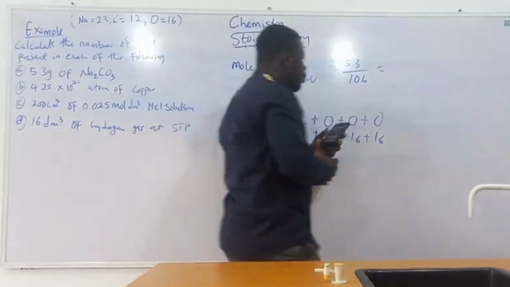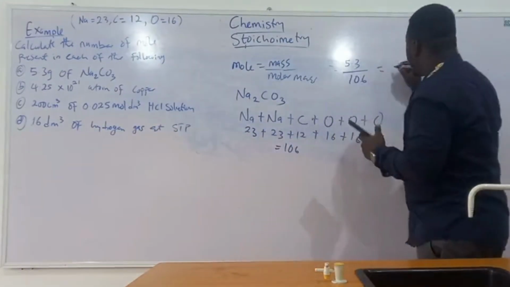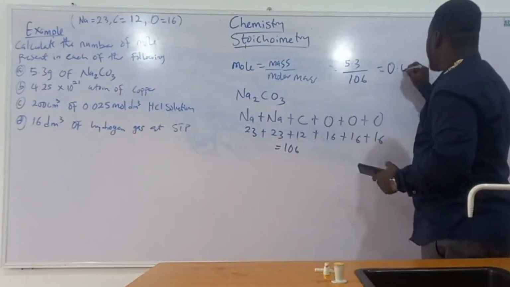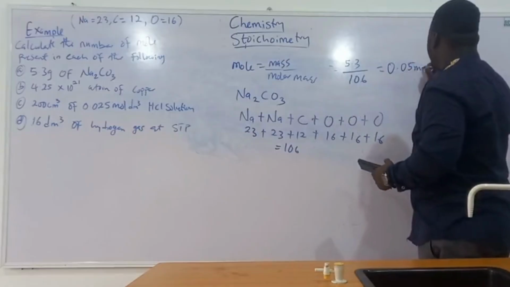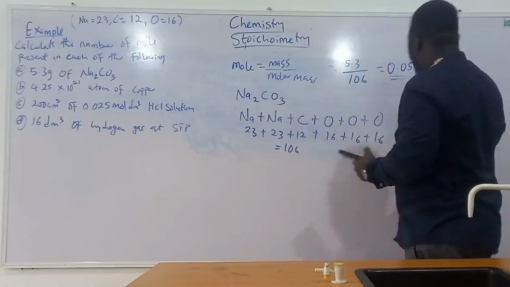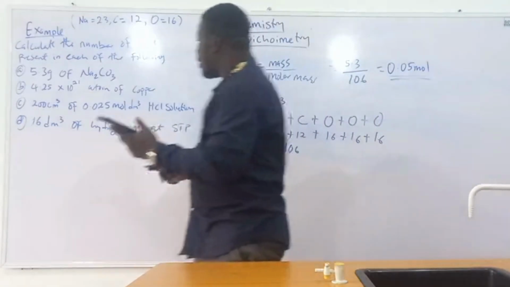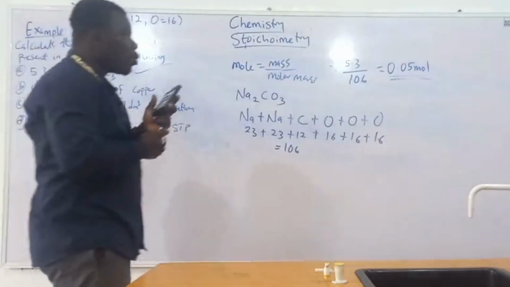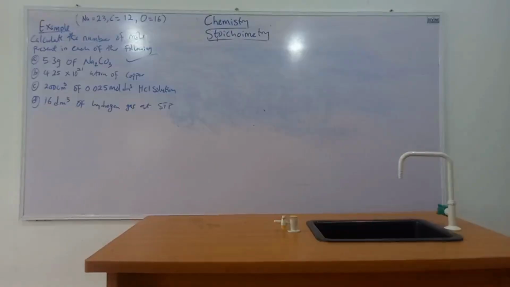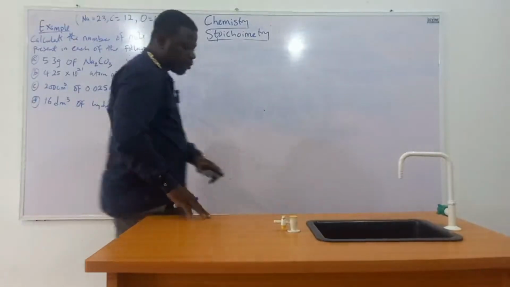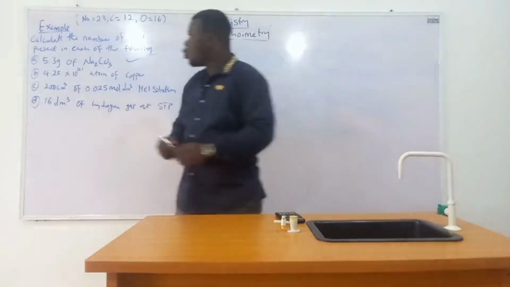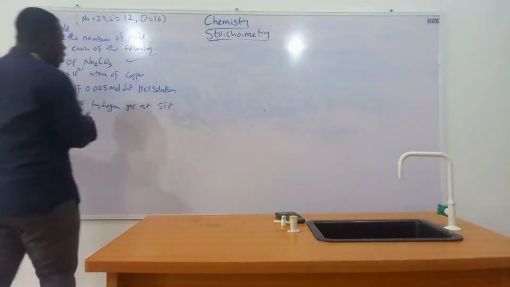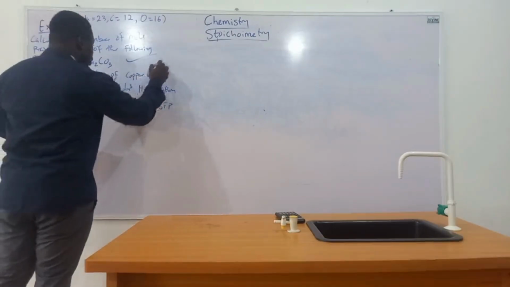So we have 0.05 mole as our answer. So this is the answer for number 1. So number 1 is gone. All right, so we successfully answer 1 and we successfully answer 2.